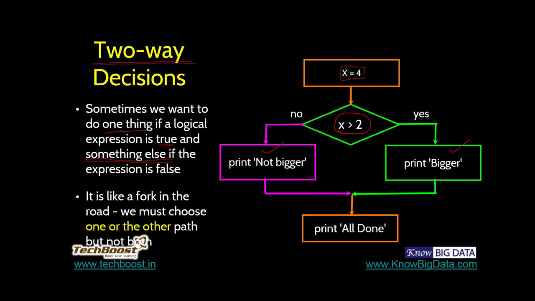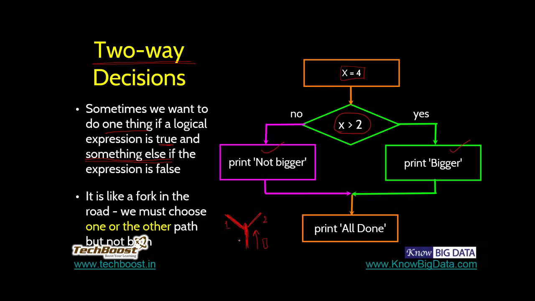You can consider this as a real life scenario, like a fork in the road. You reach a fork in the road and you have two ways to go. You're moving this way, your car is here, and you have a fork here. Now you have either way 1 or way 2.